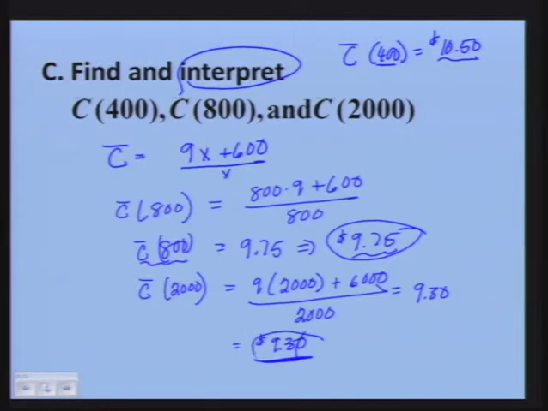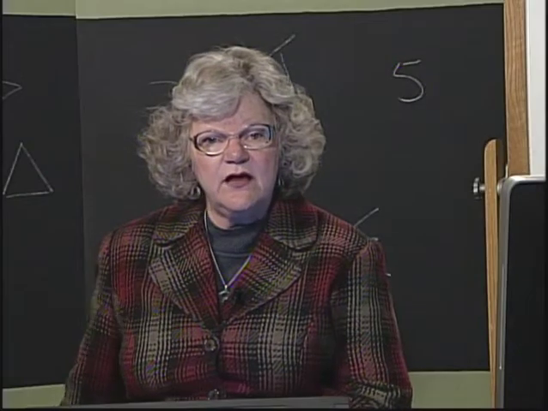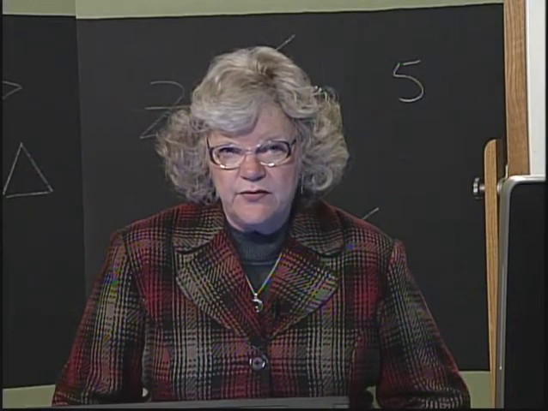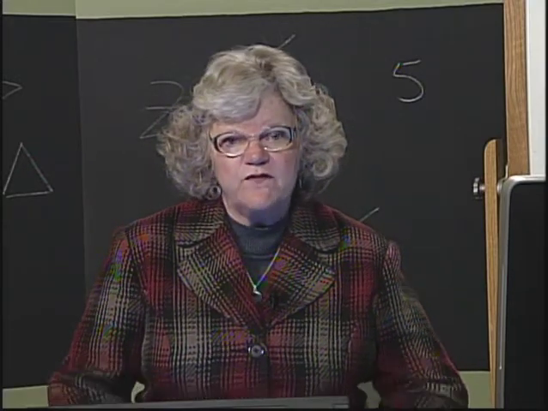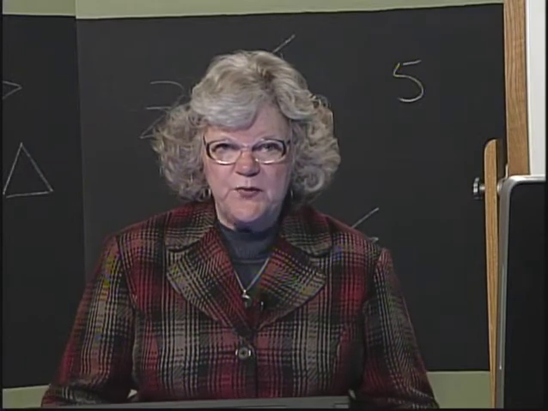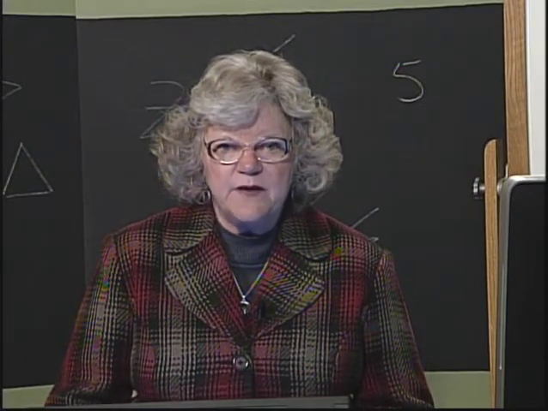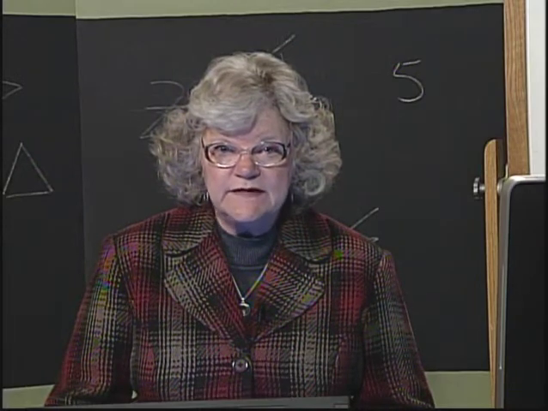So we've gone down from $609 per pair to $9.30 per pair when we make 2,000 pairs. Well, that's good. If we can make and sell a bunch of jeans, our cost goes down per pair. Our cost overall goes up, but our cost per pair goes down. Therefore, we can sell them for less and probably make more money, right?